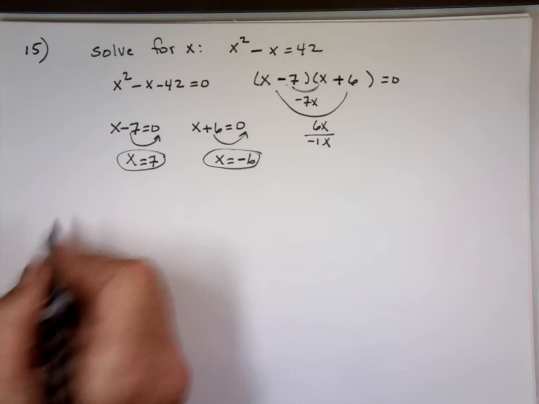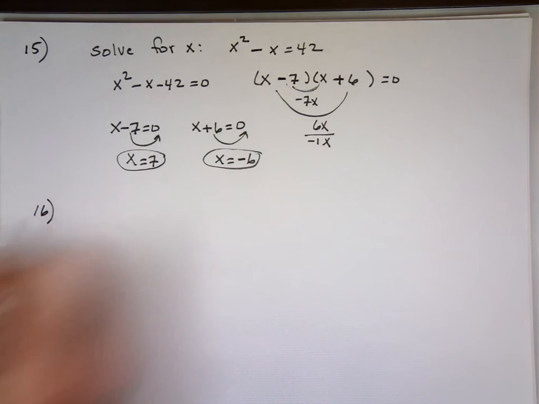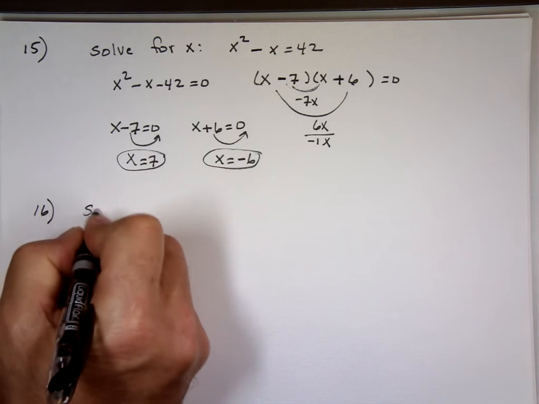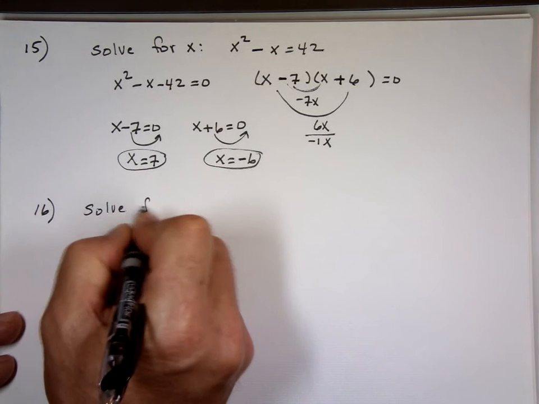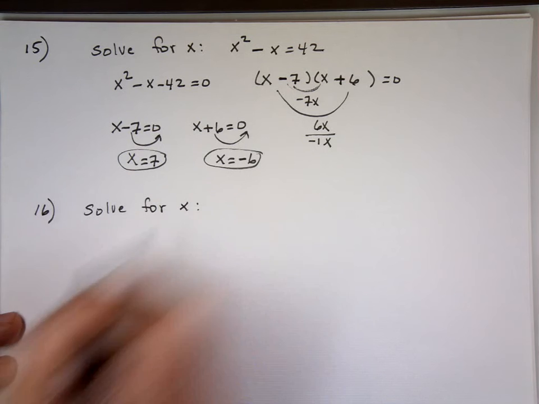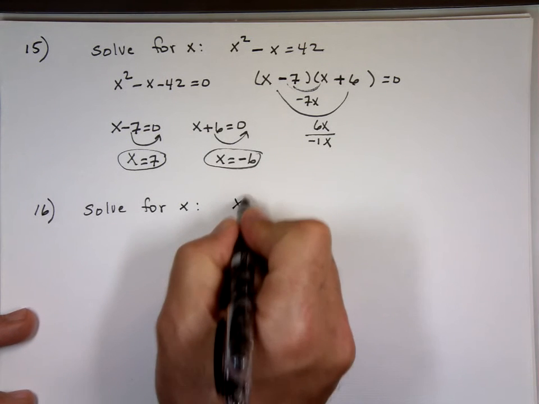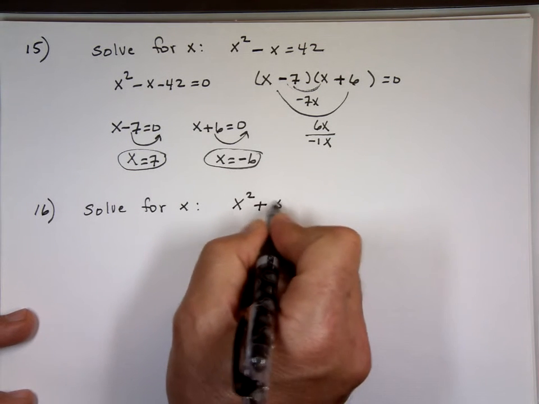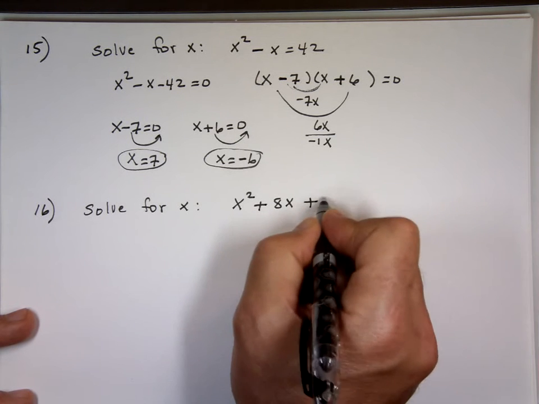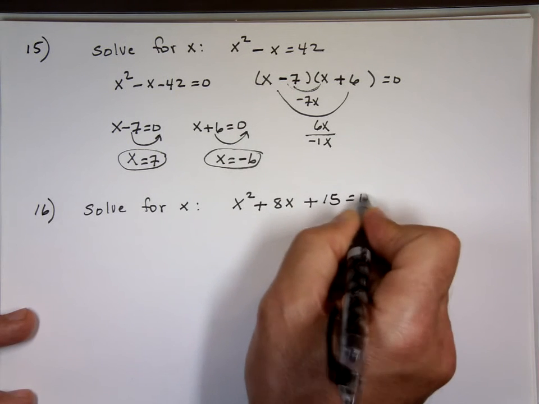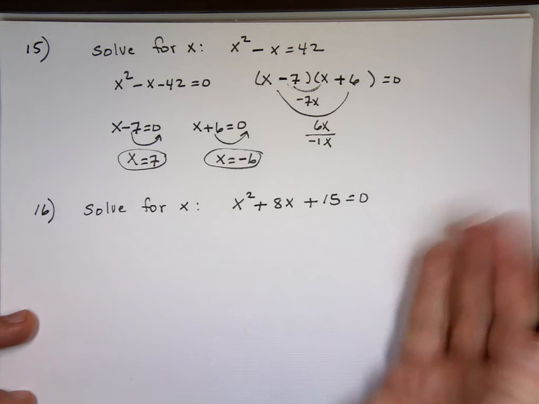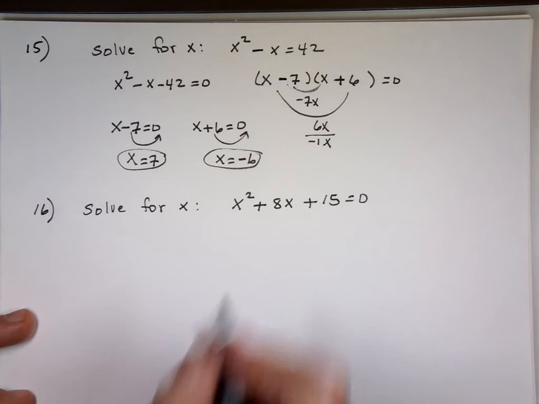Another one. Solve for x. X squared plus 8x plus 15 is equal to 0. Move it to one side. It's done for me. Factor completely.